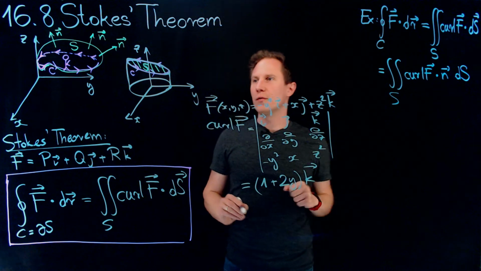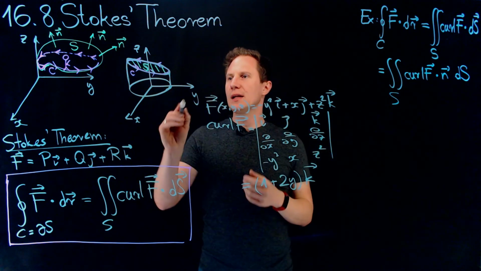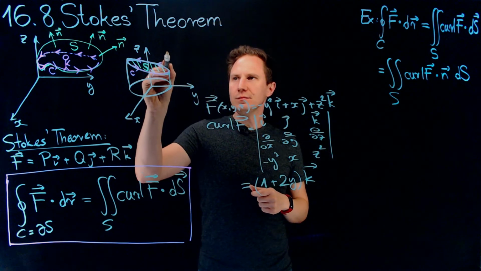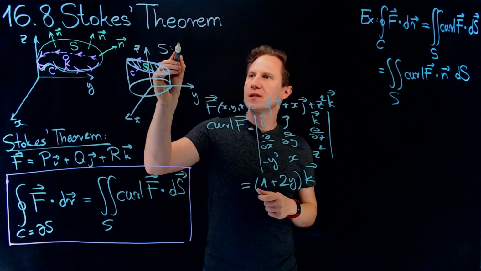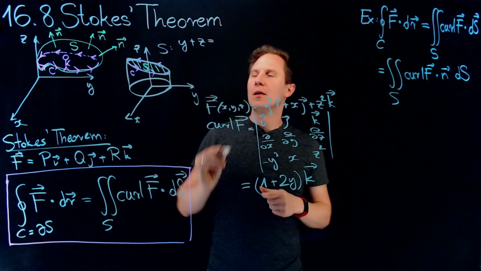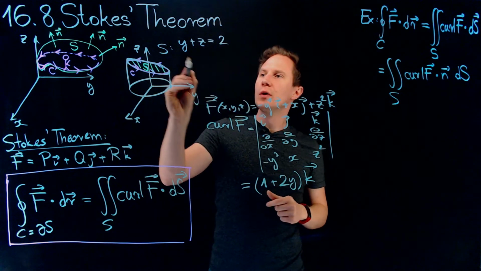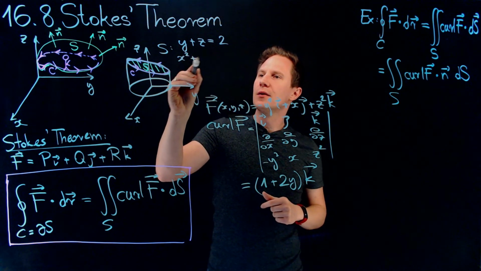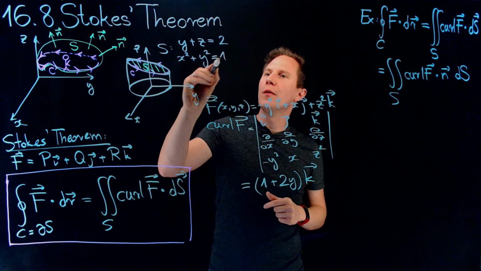So what's that normal vector? For that, we just have to realize that this surface is just the intersection of the plane y plus z equals 2 and the cylinder x squared plus y squared equals 1.